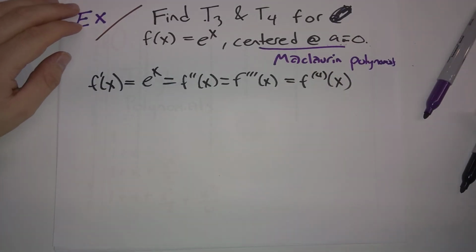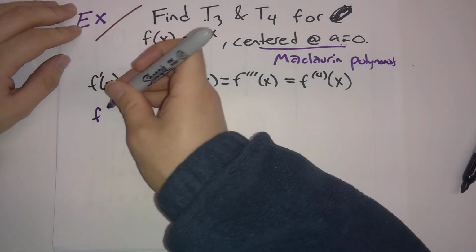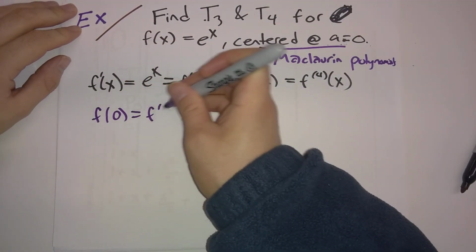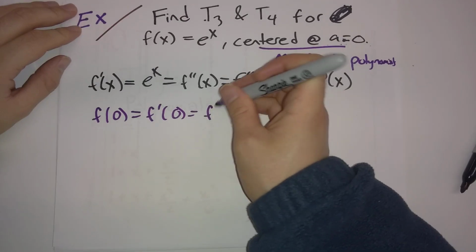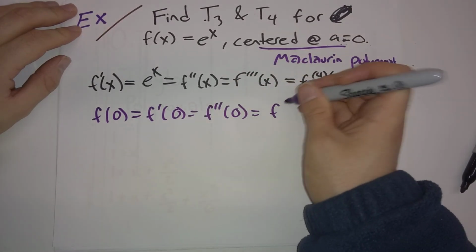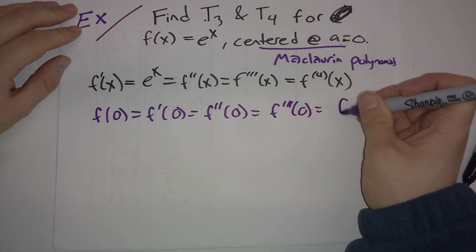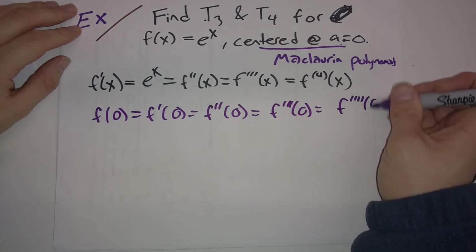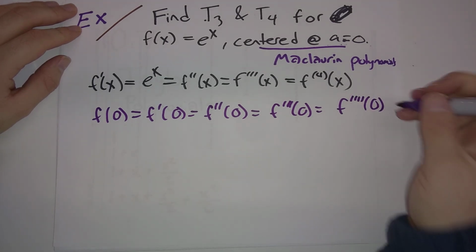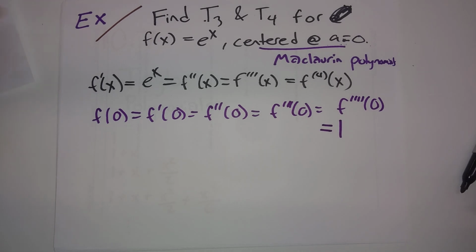A is 0, so f of 0 equals f prime of 0 equals f double prime of 0 equals f triple prime of 0 equals f quadruple prime of 0. All of those, e to the 0, is 1.